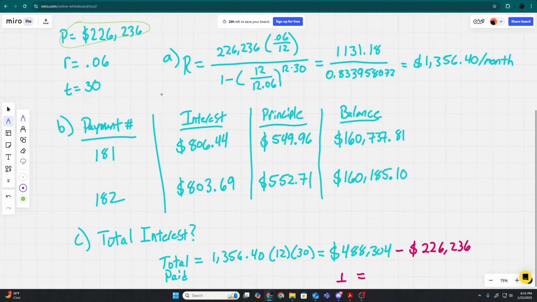So our interest I will be equal to our total here minus the original principal. If we do that real quick, we see that the total interest in this particular circumstance is $262,068.